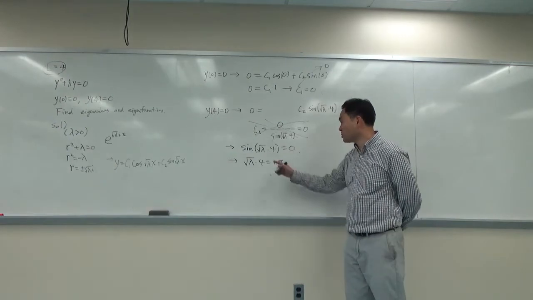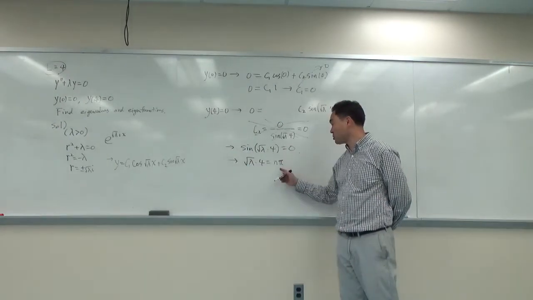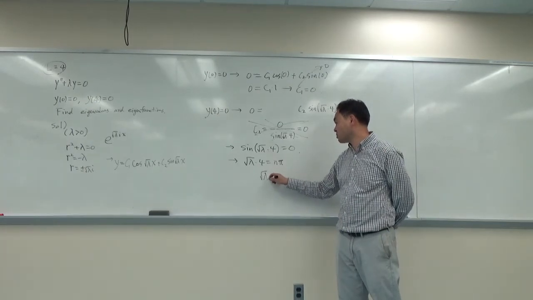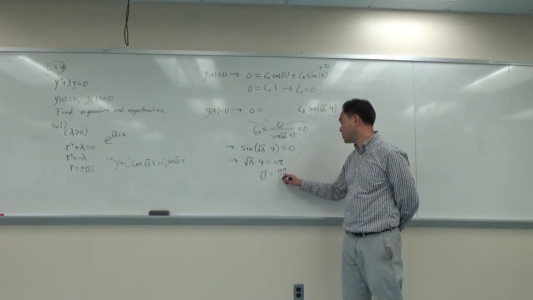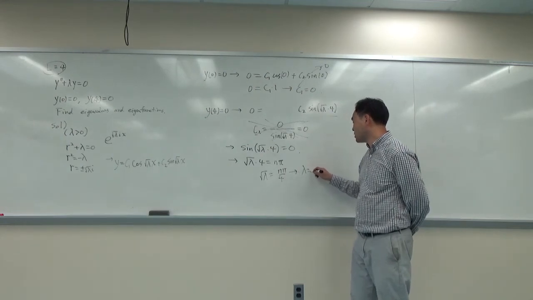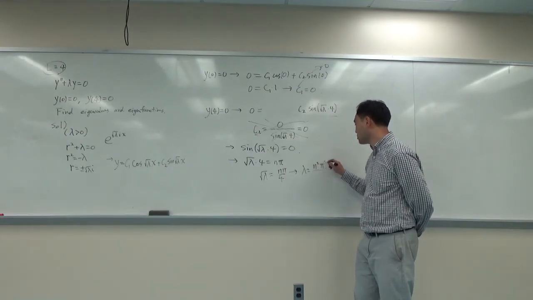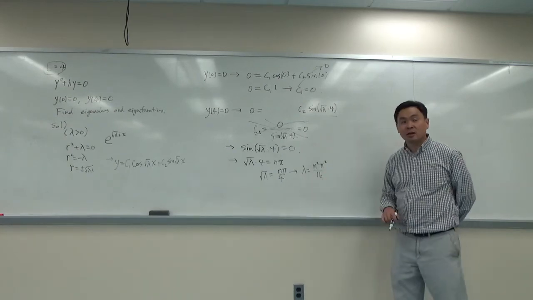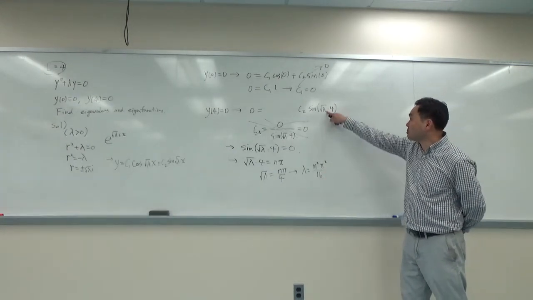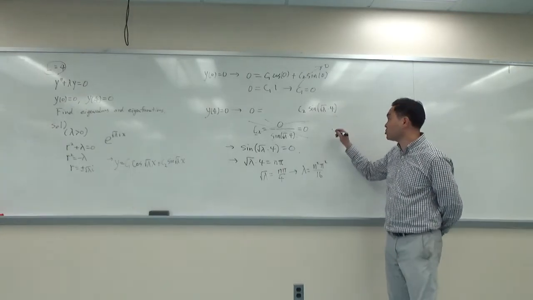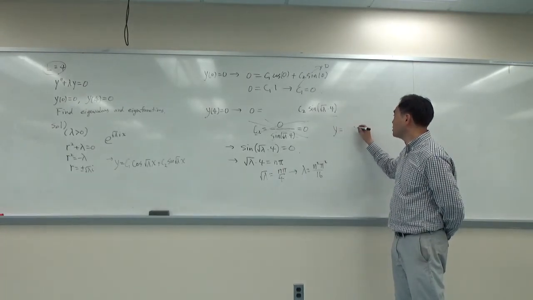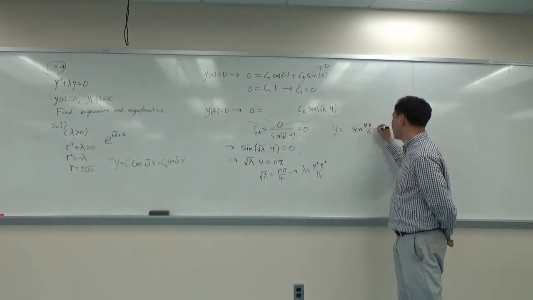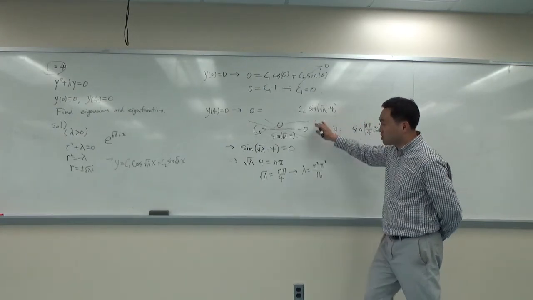We said sine of n pi is 0, so it must be n pi. So square root of lambda must be n pi over 4, so that lambda must be n squared pi squared over 16. And if you plug it back in, the non-trivial solution is y equals sine of n pi over 4 x.